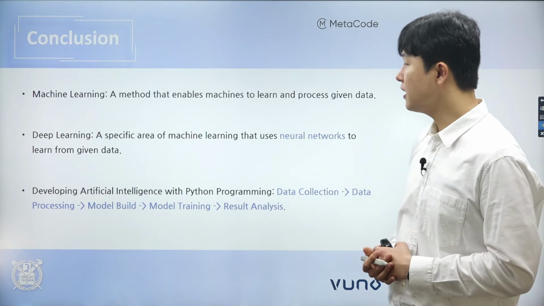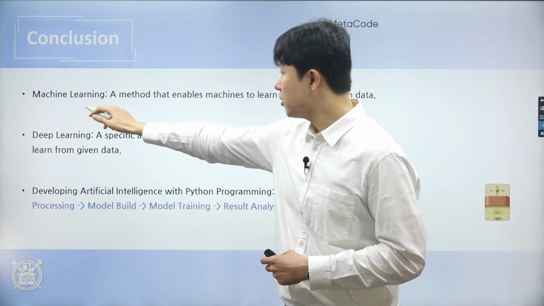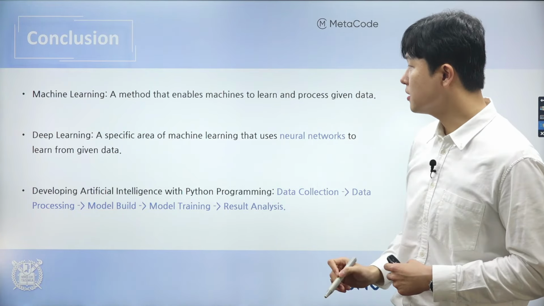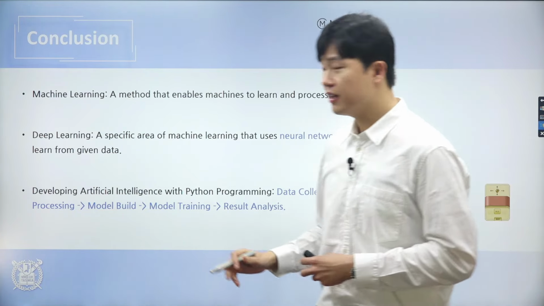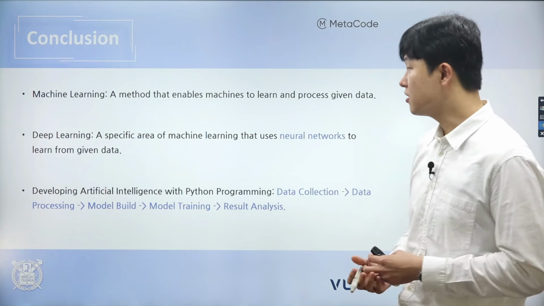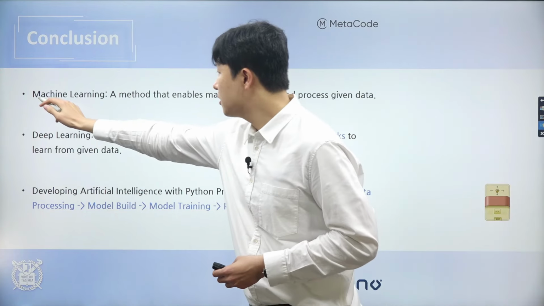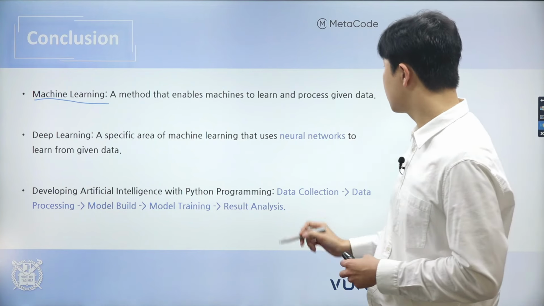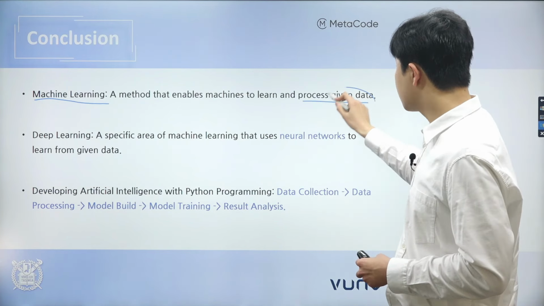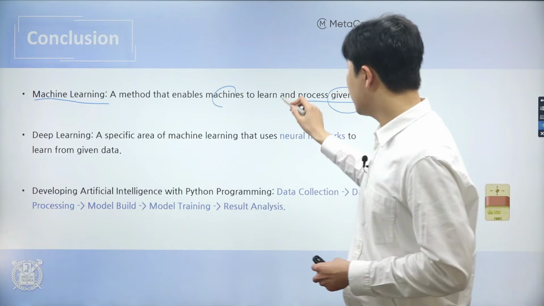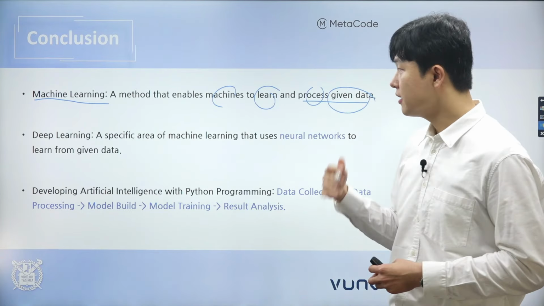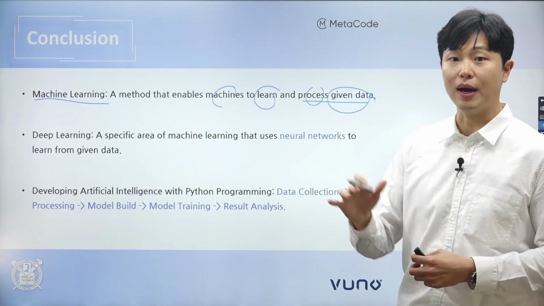To summarize what we have been talking about, we focused on understanding the basics of AI. We've explored the fundamental concepts and technologies that drive this dynamic field. First, we talked about machine learning, which is a method that enables machines to learn and process given data. It serves as a fundamental category within the broader field of artificial intelligence.